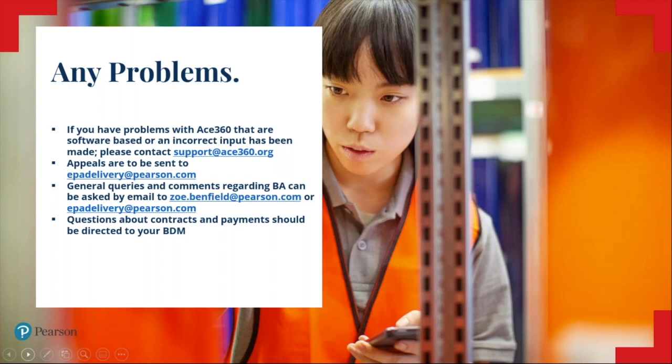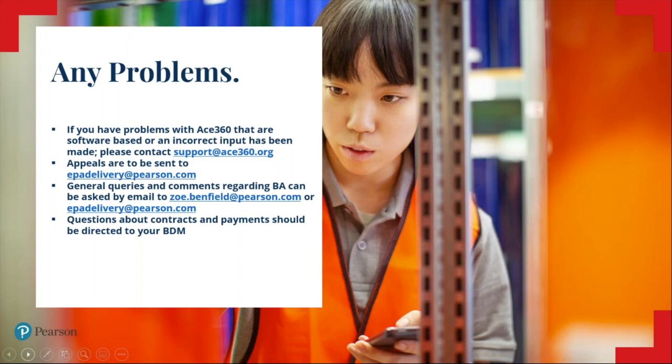Now, if there were any problems, we have key contacts. So in terms of ACE 360, if it's software-based or incorrect input that has been made, you would need to contact ACE 360 directly. Appeals are to be sent to EPA delivery, and there's advice and guidance on the appeals process on the knowledge base on ACE.